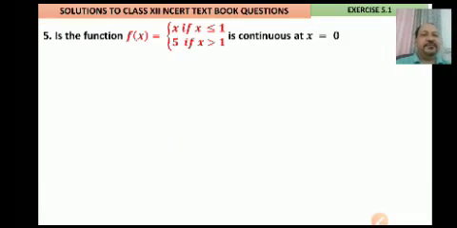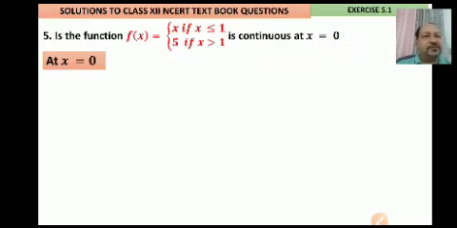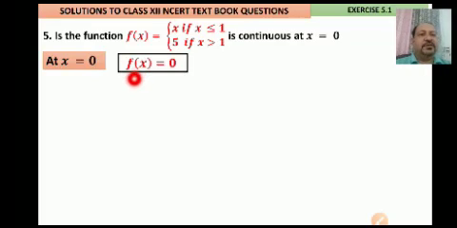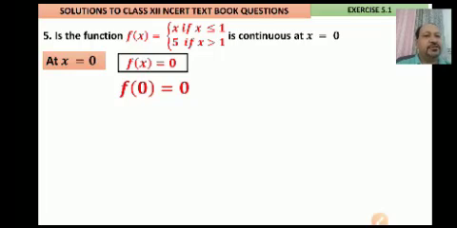Question number 5. Is the function f of x equal to x if x is less than or equal to 1, 5 if x is greater than or equal to 1, continuous at x equal to 0? So at x equal to 0, the value of the function f of 0 is equal to 0.